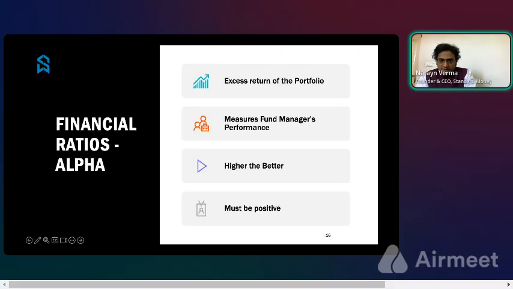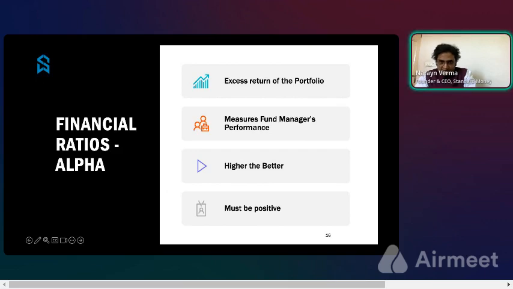Your portfolio has a certain standard deviation, which represents the risk in the portfolio, and you have a risk-free return also. If you did not take any risk, what would be your return? Let's say you put all the money in a savings account or money market instrument, you earn 5%, 6% on the money, and then you invest in a security which has a standard deviation of 12.